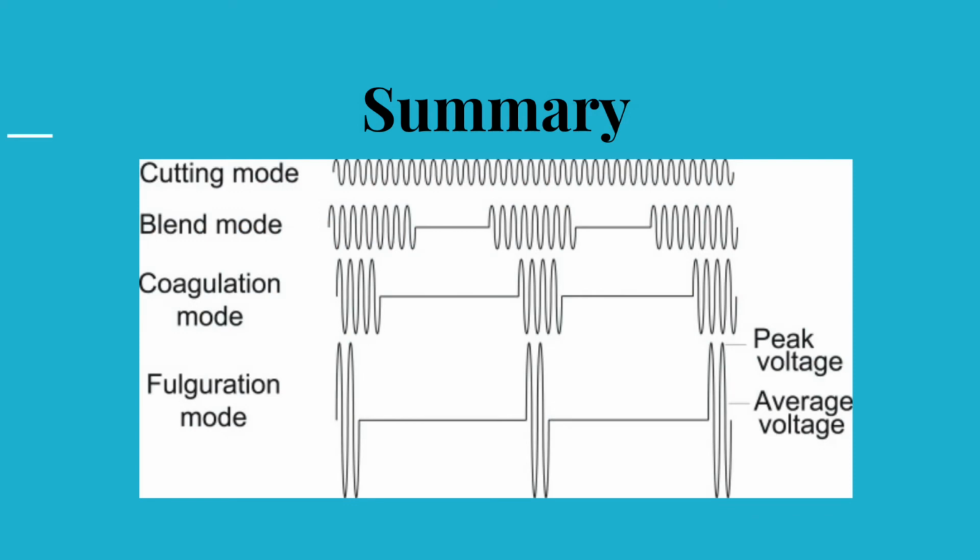I put up a graph summarizing the different modes as explained previously. To help us remember this, just bear in mind that cutting is continuous and requires high power, while coagulation is a pulsed waveform and requires lower average power, but with higher peak voltage compared to cutting mode, as can be seen in this summary diagram.